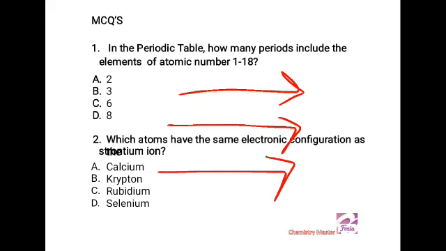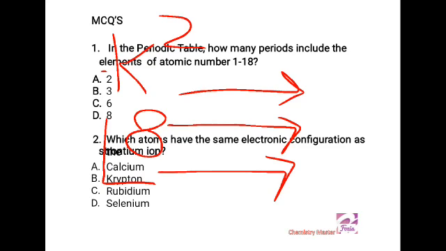And the period number tells us how many shells of electrons there are. So first you have to see the first shell, K, can accommodate only 2 electrons, meaning 2 elements having electronic configuration in the first shell. Then the L shell comes, the second shell, which can fill 8 electrons, meaning 8 elements, one by one.